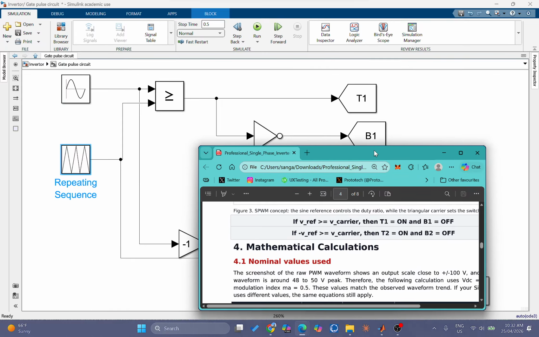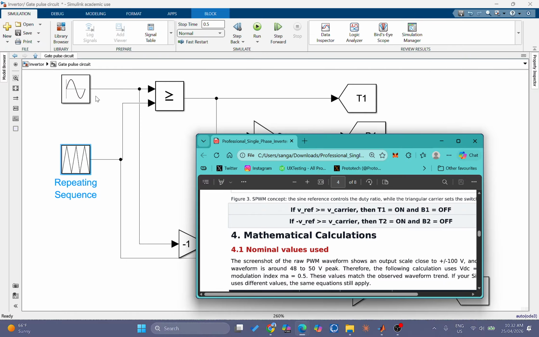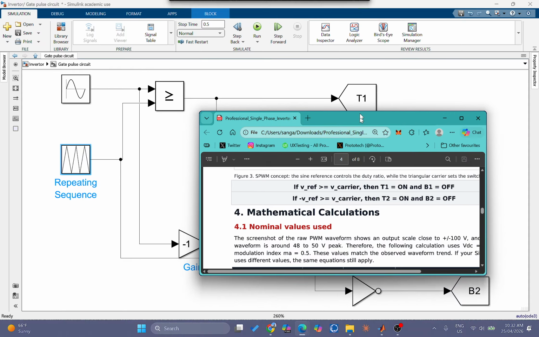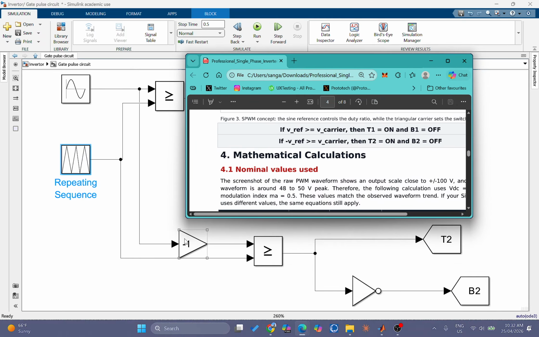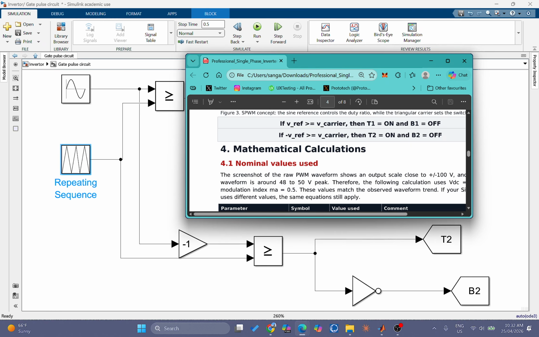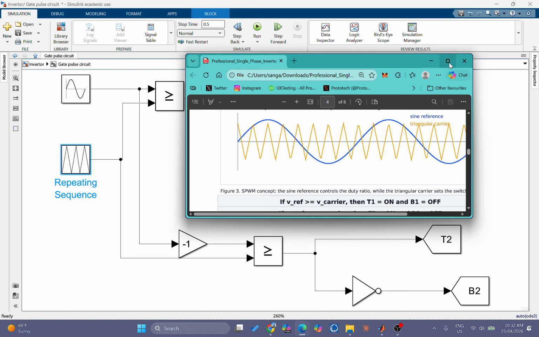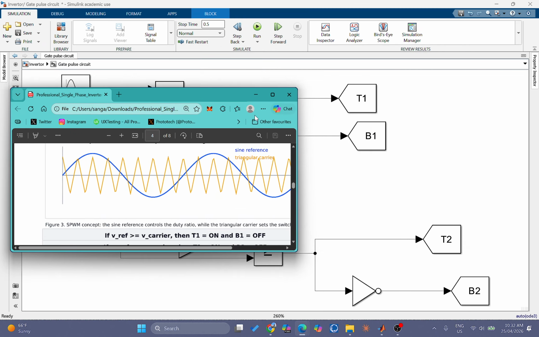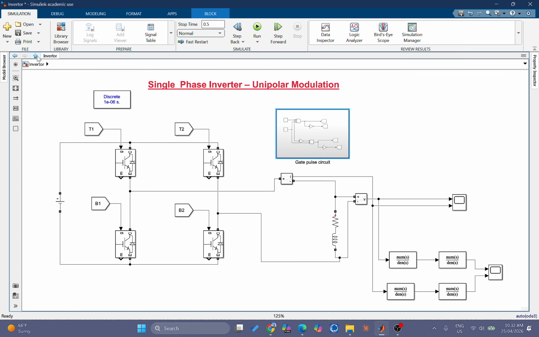To see the negative voltage, the negative V reference should be greater than or equal to V carrier, then T2 will turn on and B2 will turn off. That is how we turn on the switches, and these pulses are given to the gates of the IGBTs or MOSFETs.